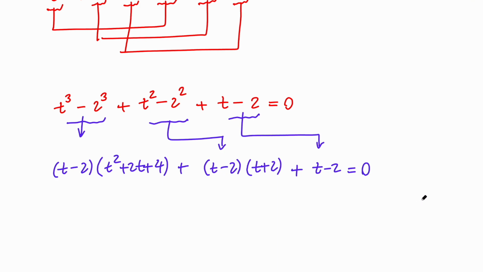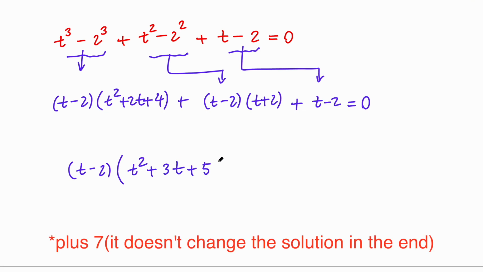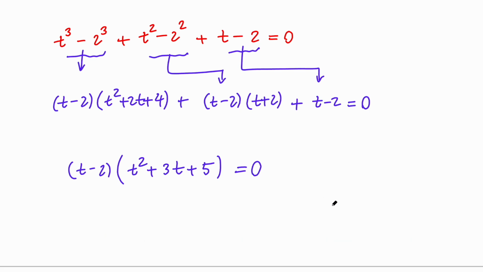And then if you look at this, it is obvious that t minus 2 is our common factor, so we can pull it out. And we're going to have t squared plus 3t plus 5 equals 0. So we have a product, and the product is equal to 0.